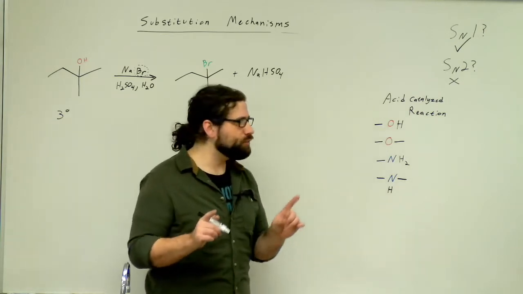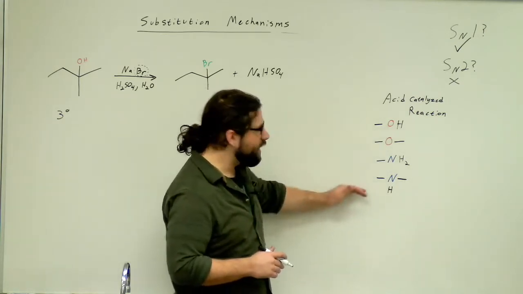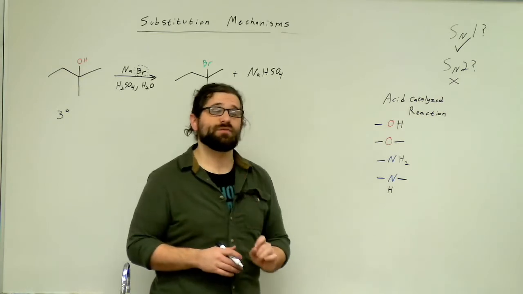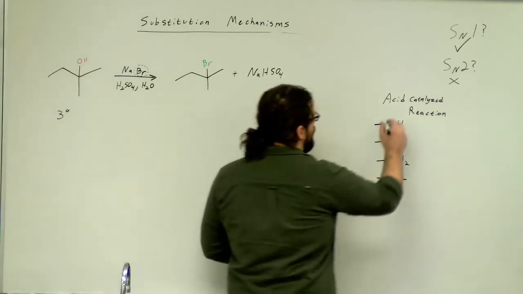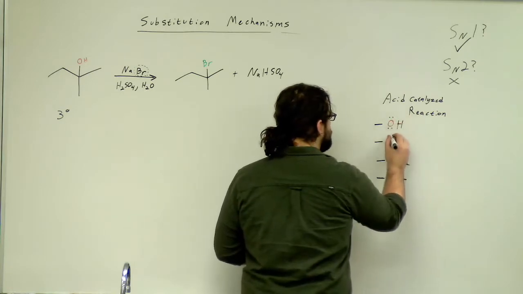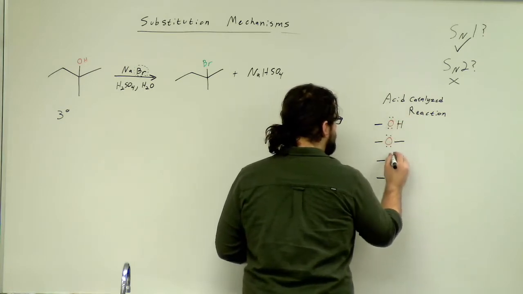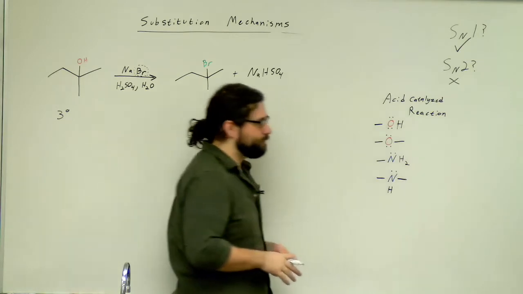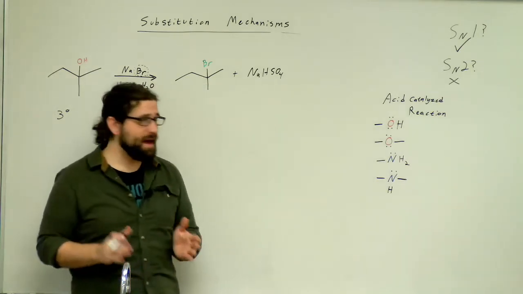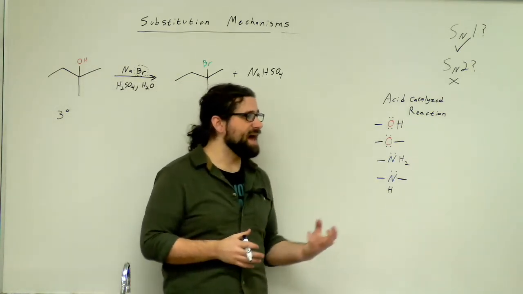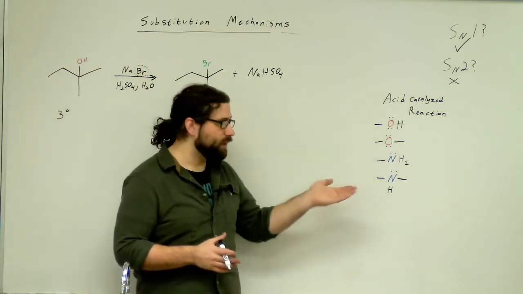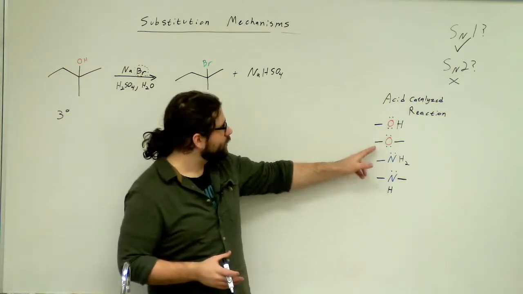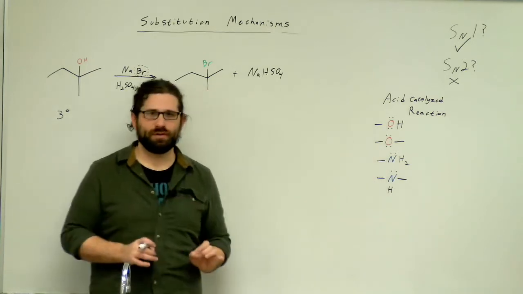But this is going to play a factor in these types of groups because these types of groups all have their own electron pairs. All of these groups are able to participate in an acid-base reaction. So whenever we have this, we're able to use an acid catalyzation in order to make a reaction more likely to occur. So all of these are normally terrible leaving groups.